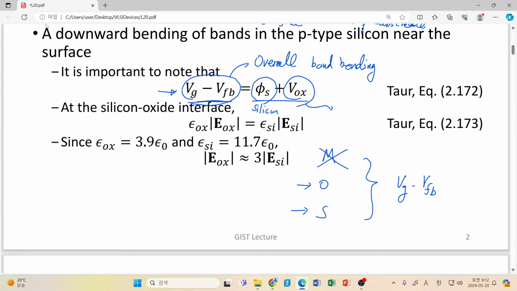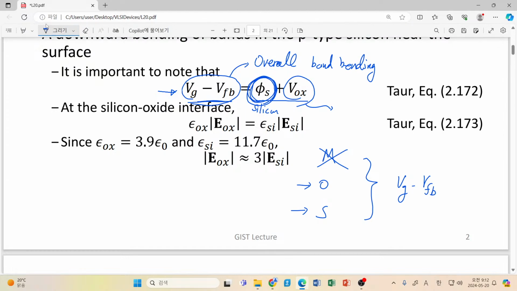So now we have to understand what is the form of this surface potential. That is particularly important. Why is that so important? Once we understand the expression for this surface potential, then we can also make a certain reformulation of this oxide field.